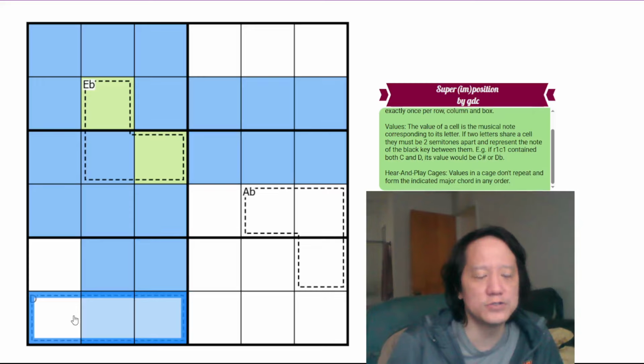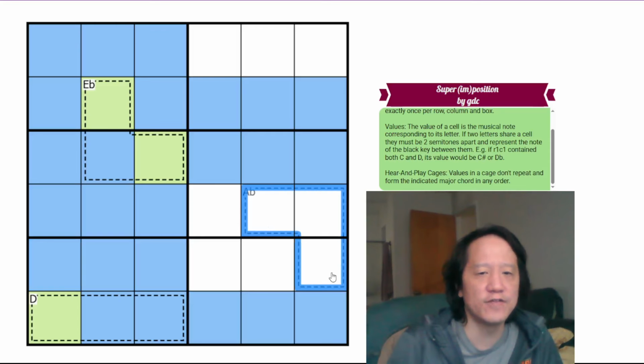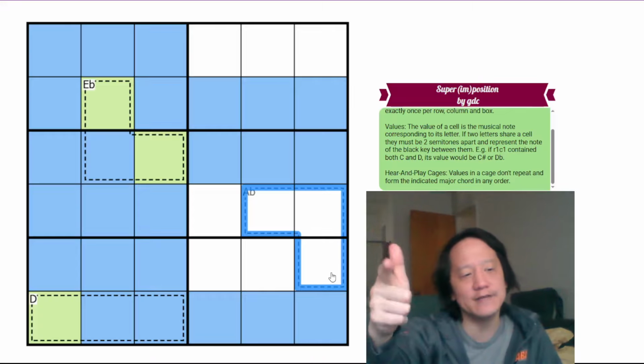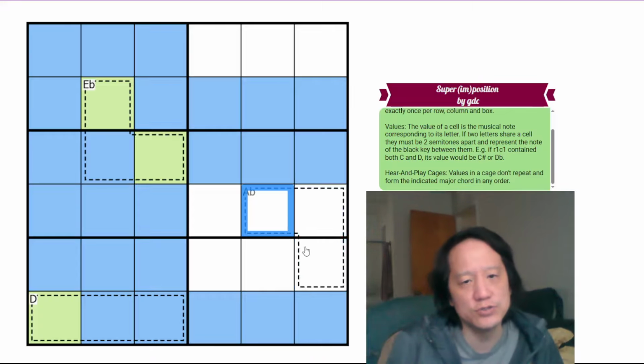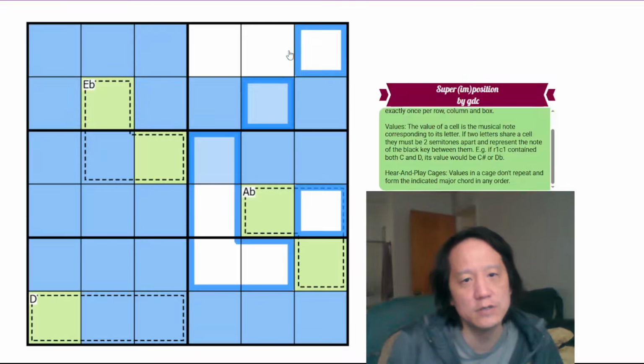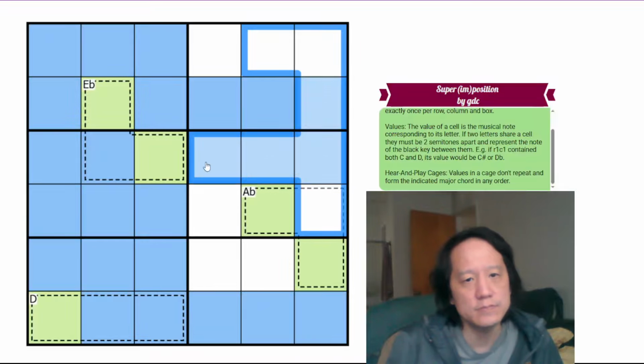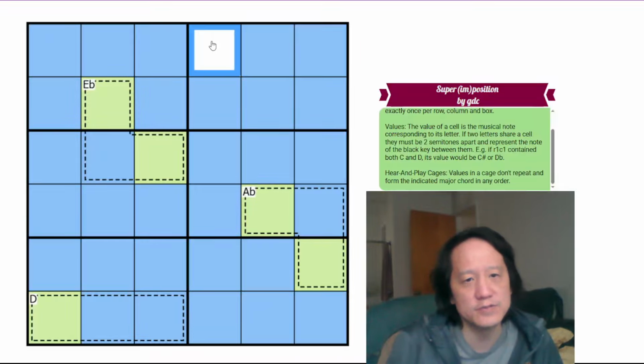Now D also has to have an F sharp, so this must be a Schrodinger cell here, which means this is not a Schrodinger cell, and this is not a Schrodinger cell. A flat, again, requires A flat and E flat, so it requires 2 Schrodinger cells, so they must both be here, which eliminates Schrodinger cells here. And here, that leaves this as a Schrodinger cell here.